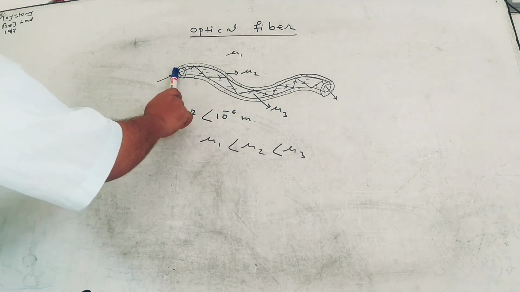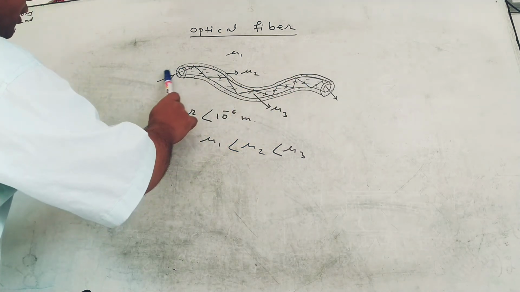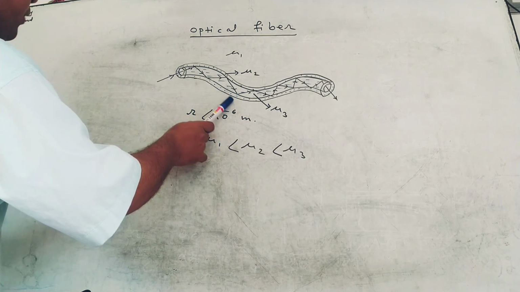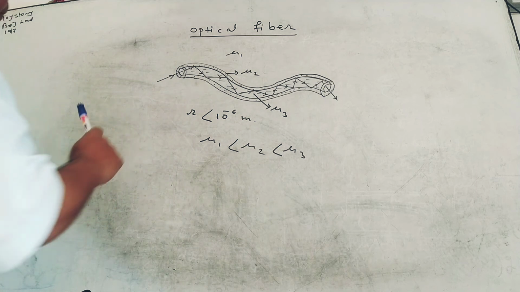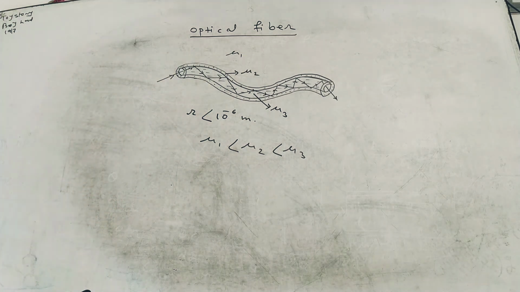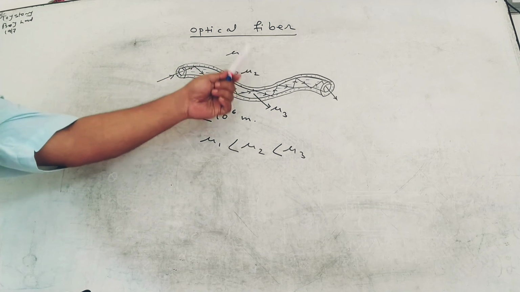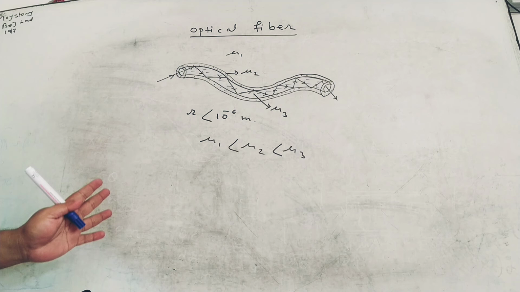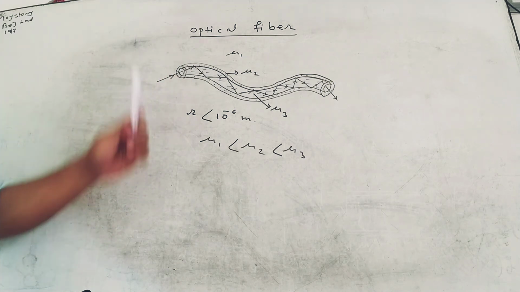The inside medium is known as the core, the next medium is known as the cladding, and the last medium is the coating of the optical fiber. The outermost medium is opaque and hard, but the inside two media are transparent.